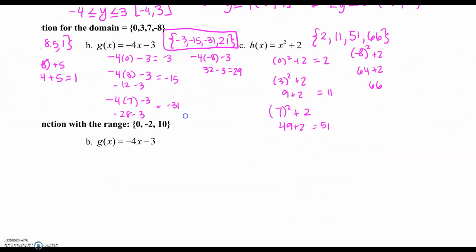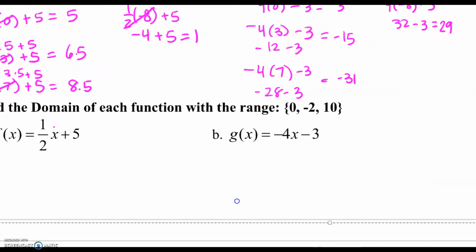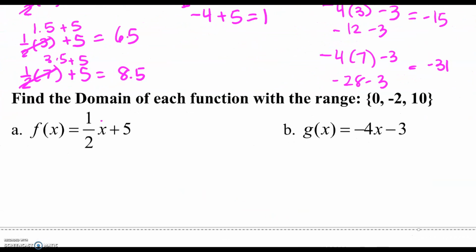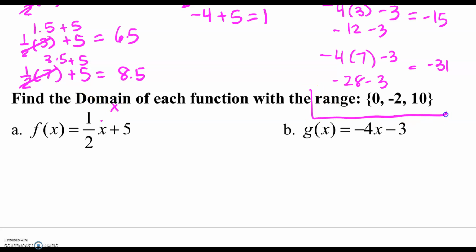Great. Now we have one more set of problems to do, and these ones are find the domain, which means find x if these are the y values. So watch how I do that. I do 0 equals 1/2 x plus 5. And now I'm going to solve for x.